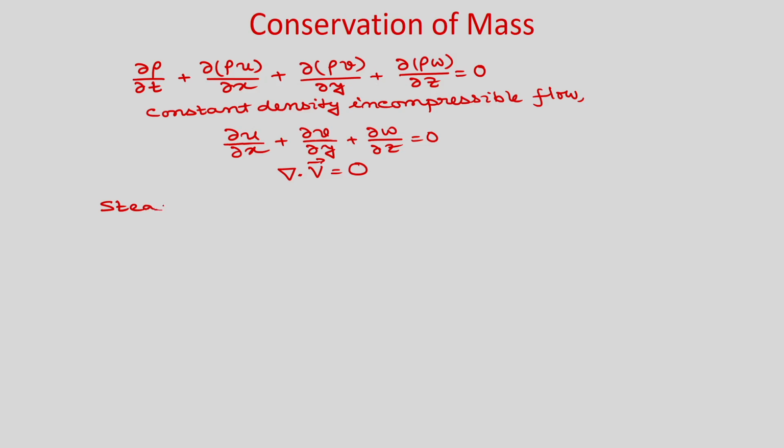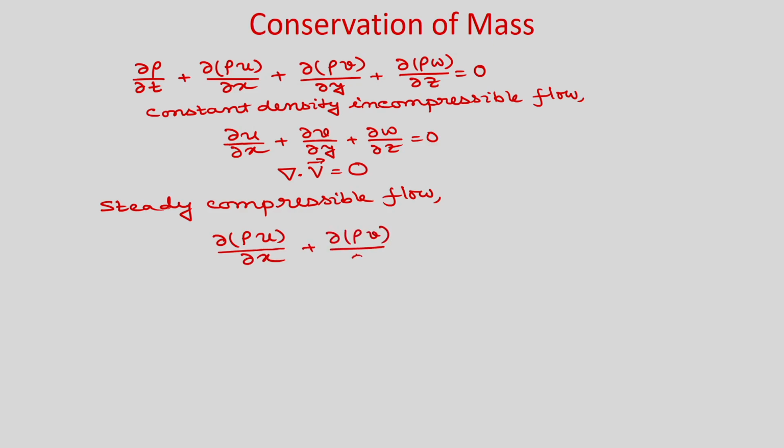If you consider steady compressible flow, obviously this time derivative will be 0 and you can write del rho u by del x plus del rho v by del y plus del rho w by del z will be 0.